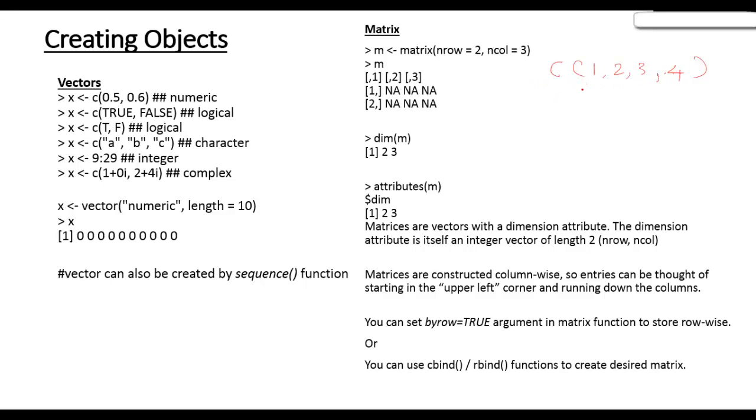Another type of vector creation is using the vector keyword itself. Using the vector keyword, define the data type and the length of the vector, and by default the value would be 0.